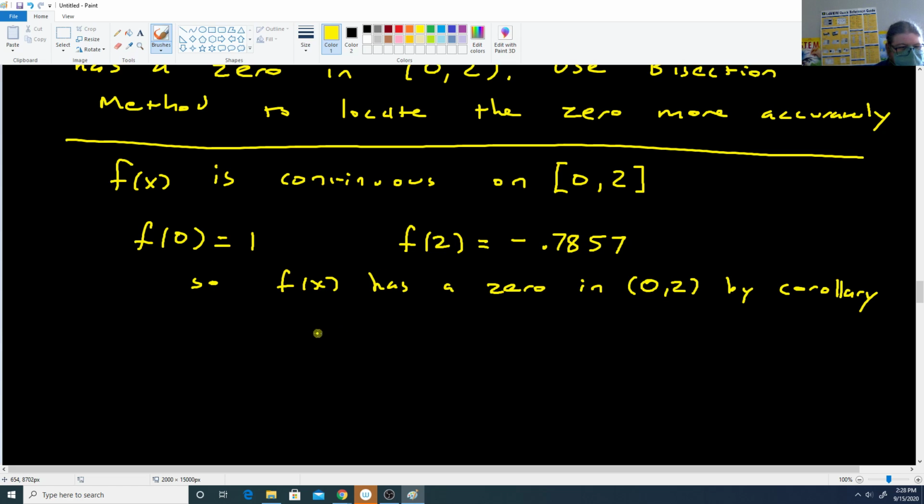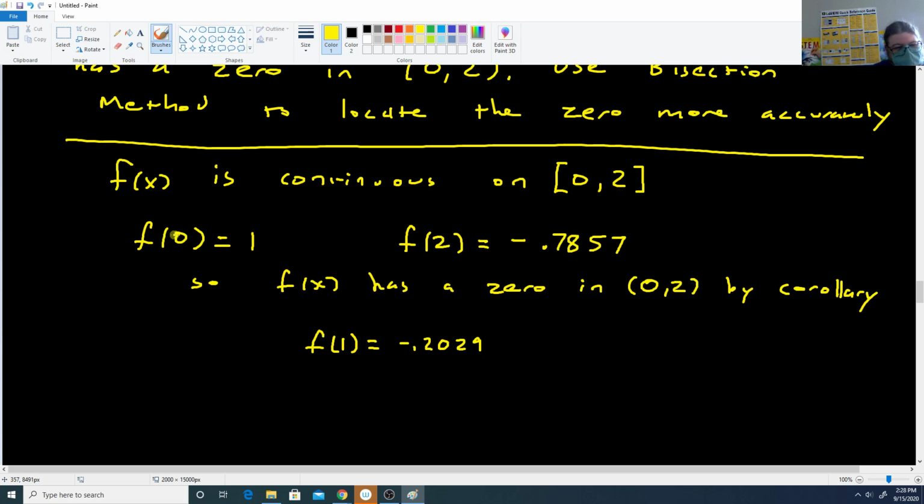Now we'll look at f of 1. f of 1 is equal to negative 0.2029.